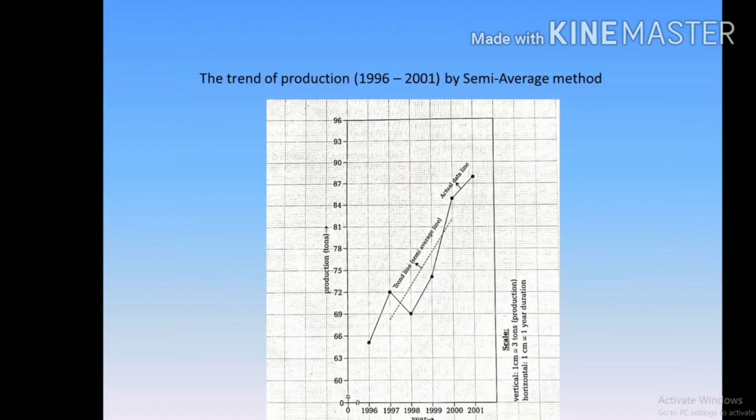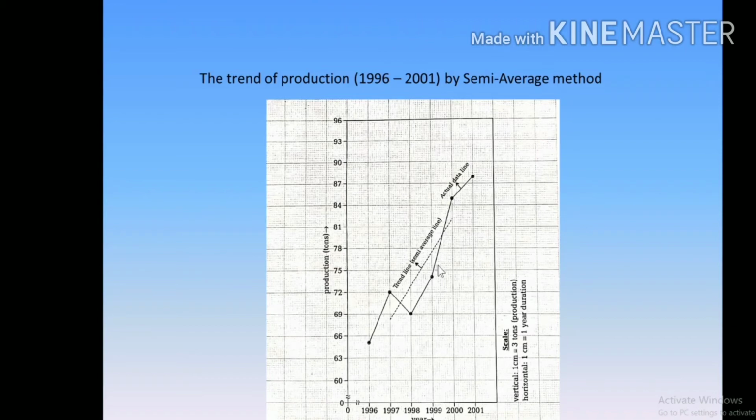In the case of plotting, first you draw the actual data line on the basis of the raw data given in the question, year and production in tons, with the year on the x-axis and the production in tons on the y-axis. When you plot, you get this type of data. This is known as the actual data line.